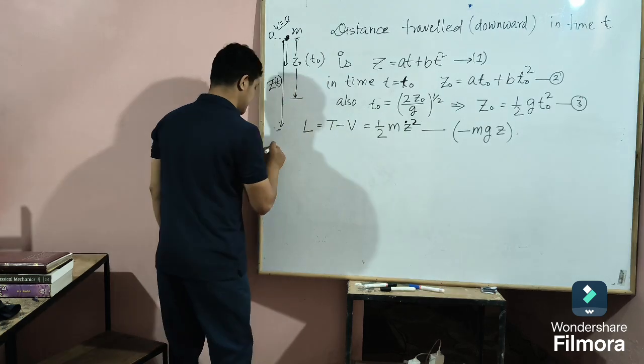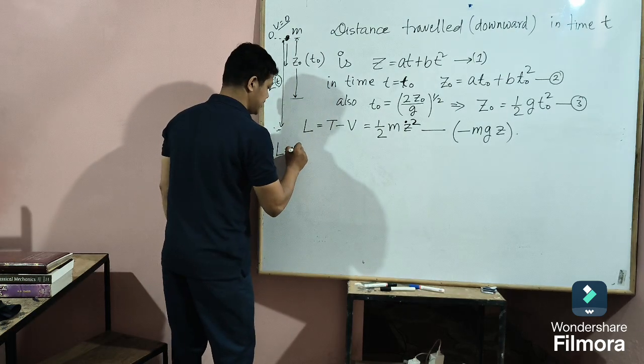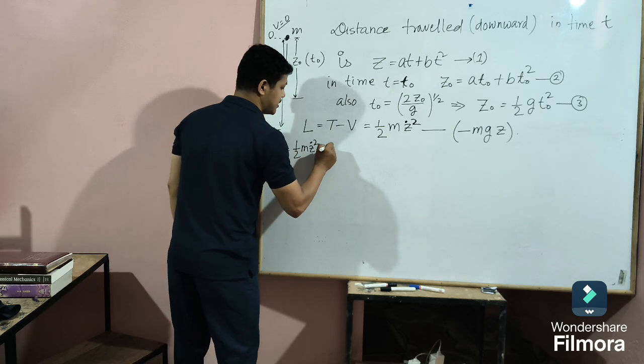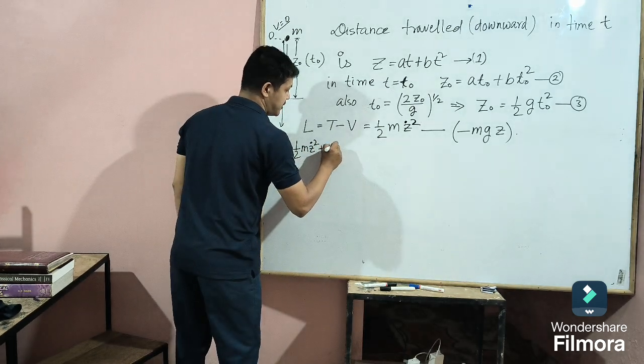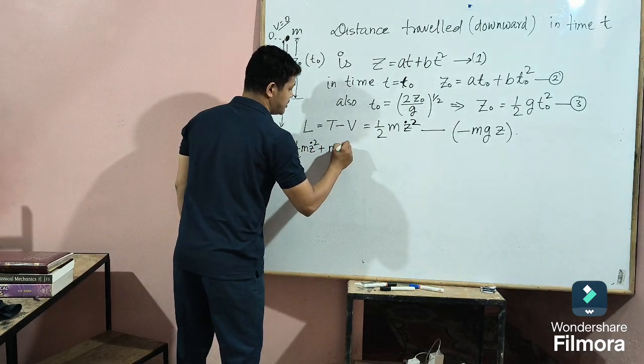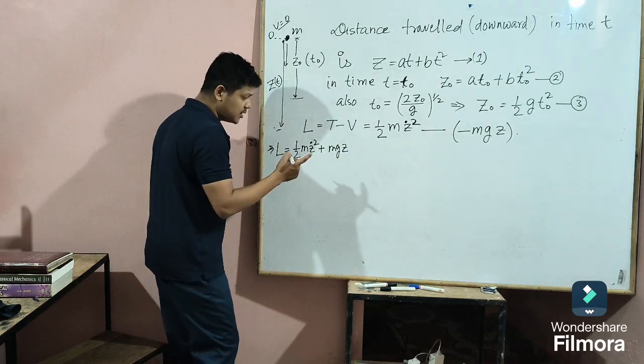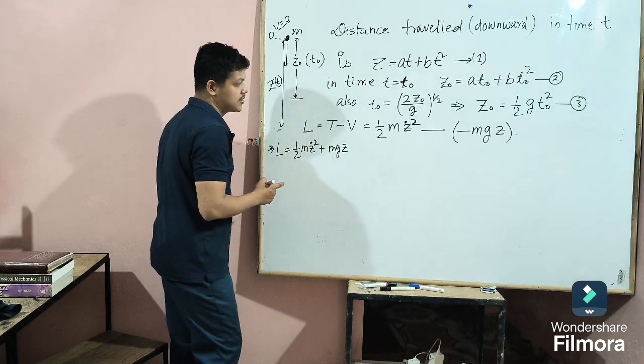So here we're going to get L is equal to half m z dot square plus mgz.